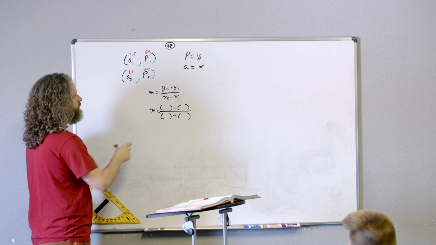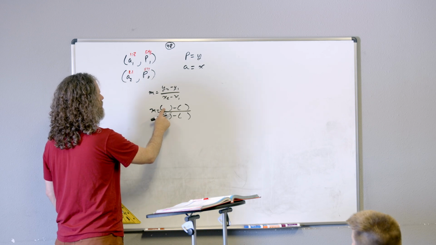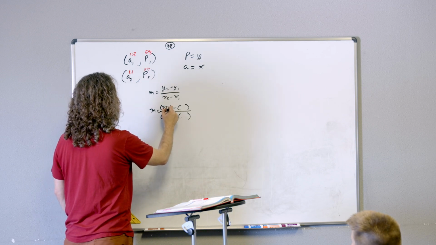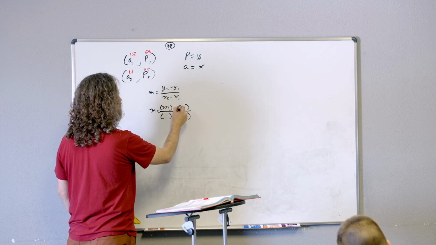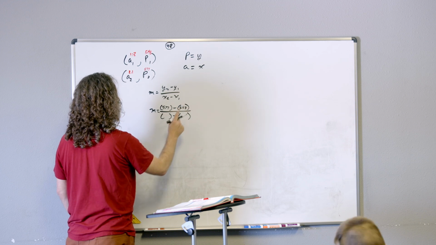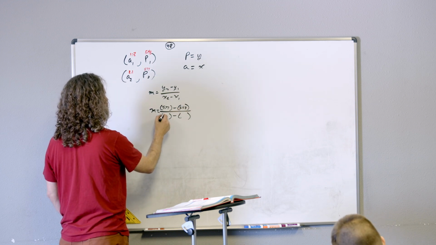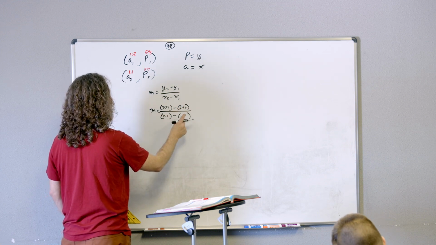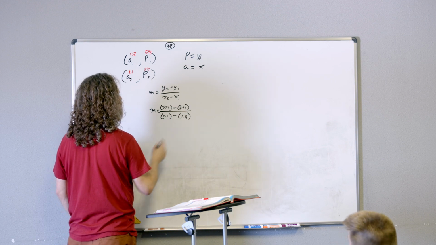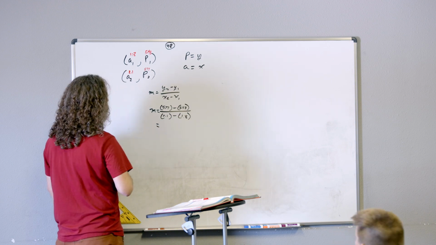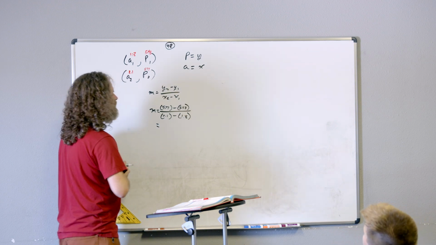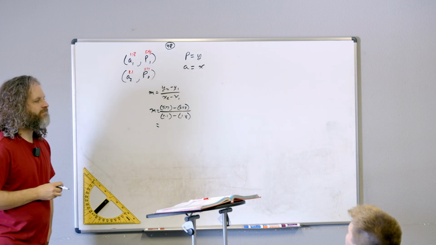What's going to go right here? 577. Here? 598. What about this one? 1.8. What's 577 minus 598?